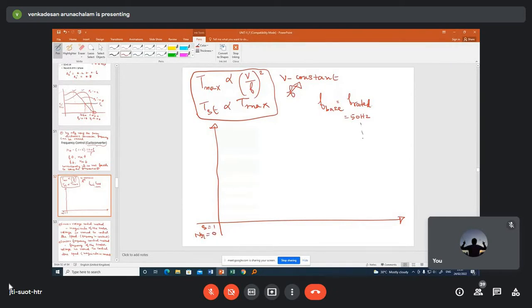And this is the hypothetical boundary line. Here slip is equal to 0. Here N R is equal to N S. Okay. So you will get the graph like this.